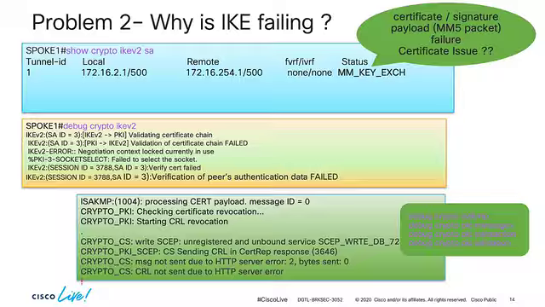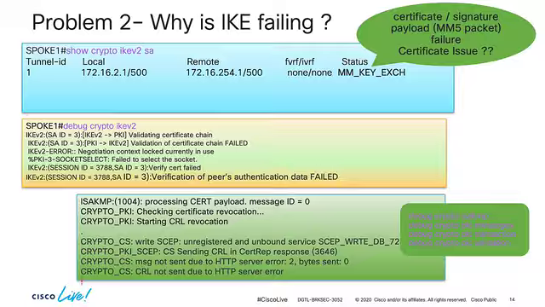And what we see in this debug is that it's not getting a response from the CRL server. So it looks like there was some problem with the communication between the spoke and the CRL server.